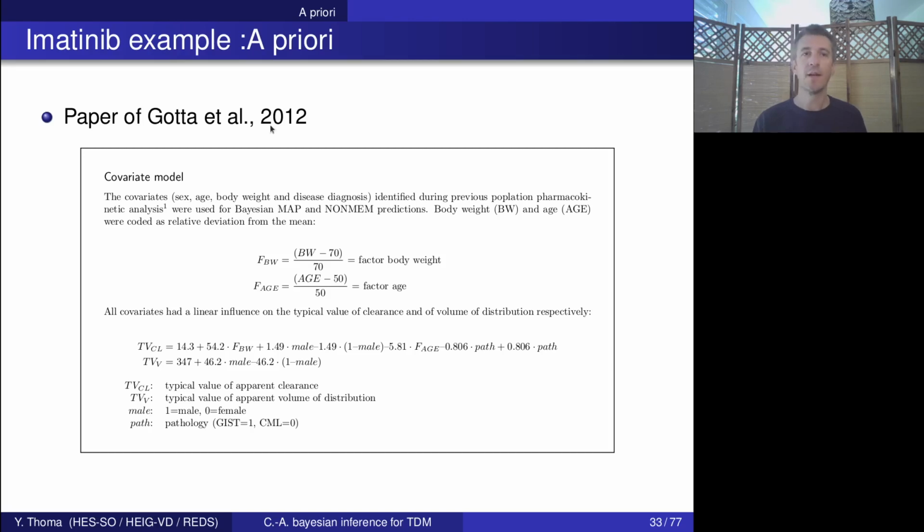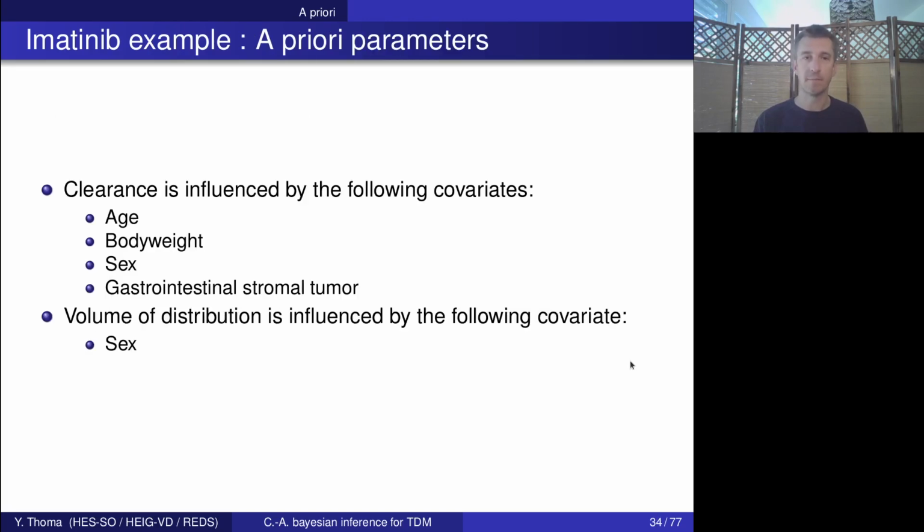So here, for instance, what we find in the paper from Gotha is this information, so the covariate models, saying that, okay, we are using the body weight, we are using the age, we are using the sex as well, we see the male here, and the presence or not of a certain pathology. And here we have some equations that can be used to compute the clearance and volume for that specific patient if we know his or her covariates.